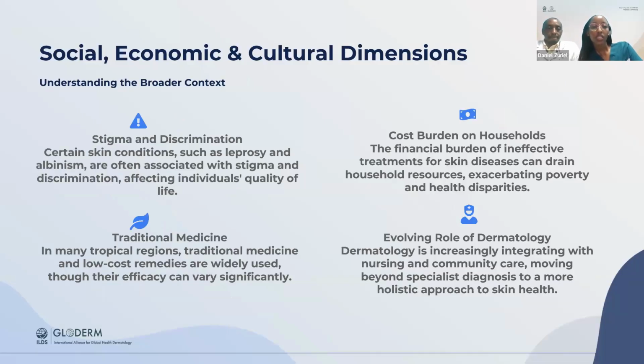So tropical diseases are important because of the effect that they tend to have on the majority of our patients. The biggest one is stigma and discrimination for certain diseases, for example, leprosy. A lot of work has been done in educating and trying to identify the cases of leprosy, because we find that patients who are diagnosed with some of these diseases are isolated in their communities, and this greatly influences the quality of their lives.